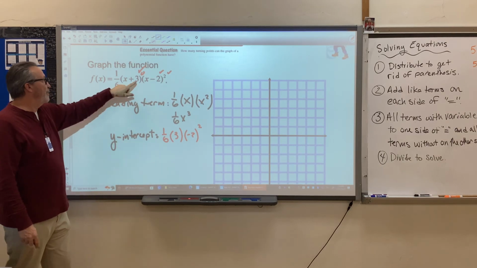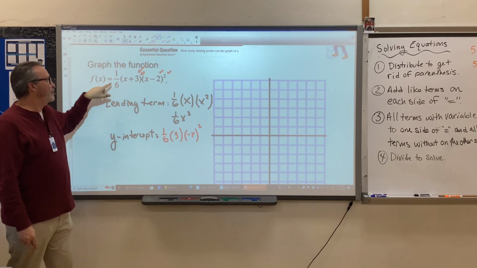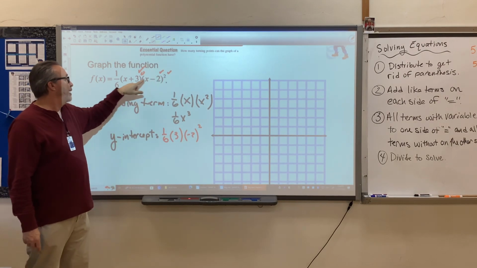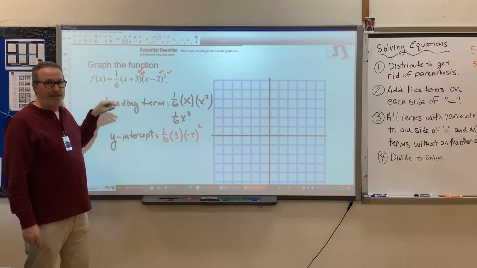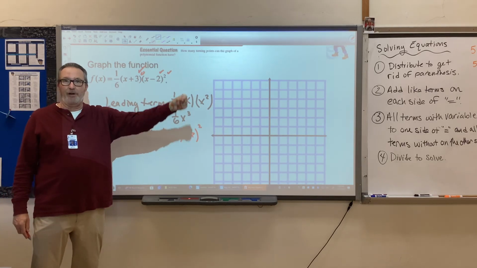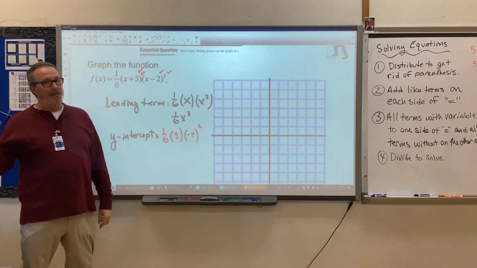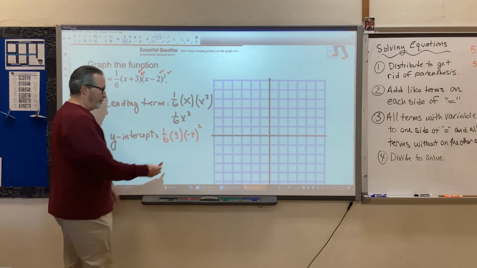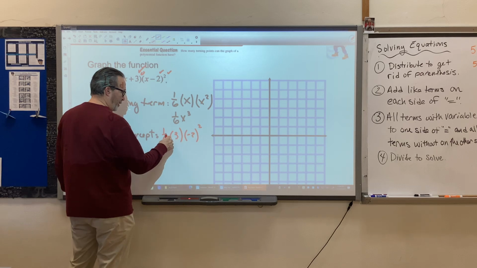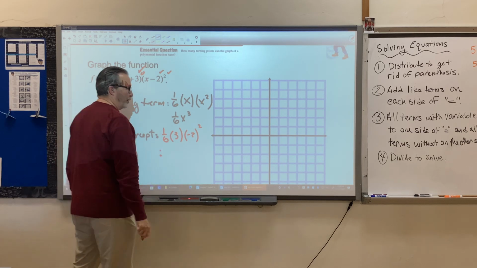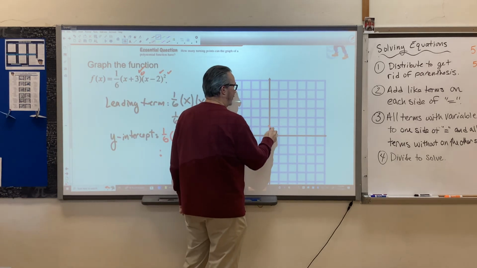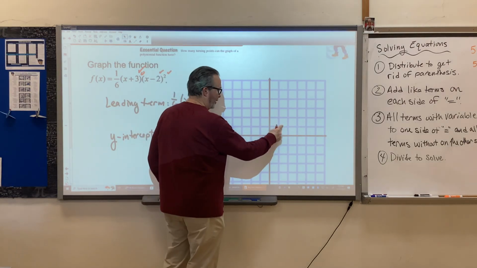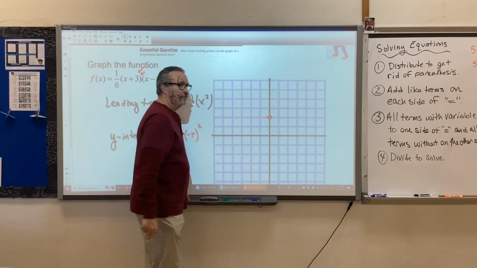The first term will be x squared times x times 1/6. And the last term will be -2 squared times 3 times 1/6. Because you distribute that 1/6 all the way through that whole polynomial. So it's part of the first term, part of the last term. So this is 4 times 3 is 12 times 1/6 is 2. So this is going to cross the y-axis at 2.